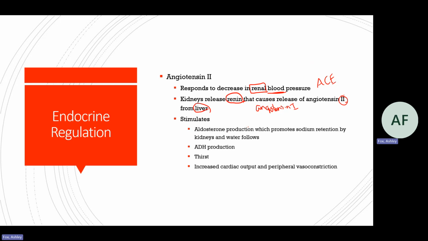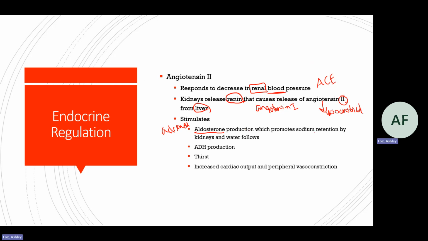So renin, angiotensin 1, angiotensin 2 is then going to stimulate the release of aldosterone. Angiotensin 2 is a vasoconstrictor on its own too, so that helps. But it's also going to cause the release of aldosterone from the adrenal glands. Again, we're going to talk about this again.